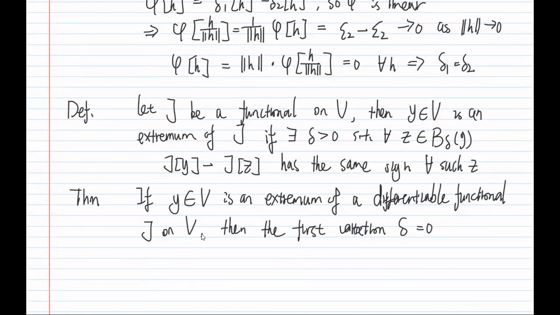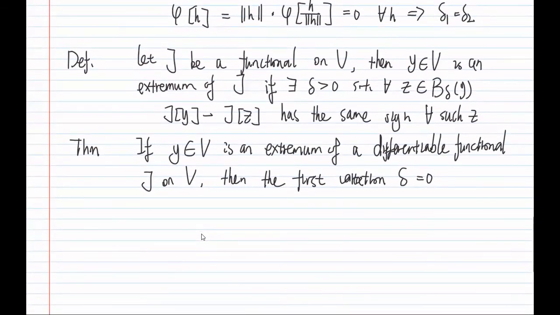So how do we prove this, right? We use contradiction. So proof: assume that this delta is not 0.